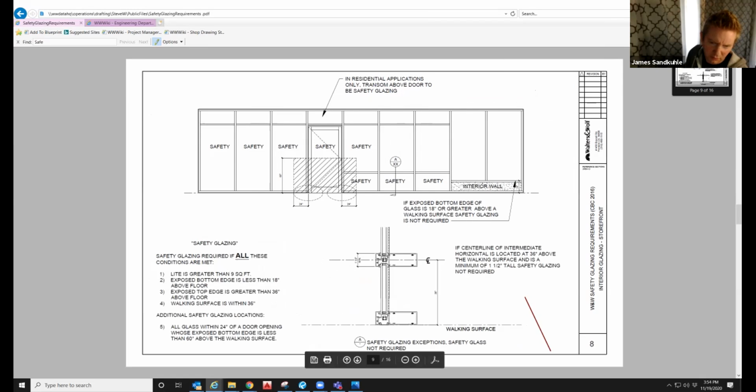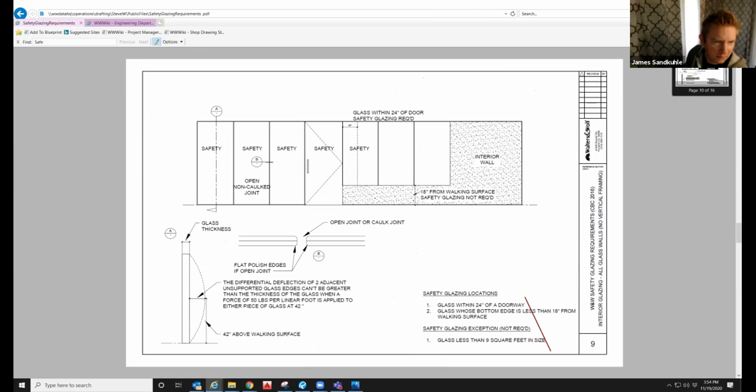This one, storefront. Oh, this is a good one. A lot of TI work, like tenant improvements, may not have mullions between partitions. So if this is all glass, but there's no mullions.